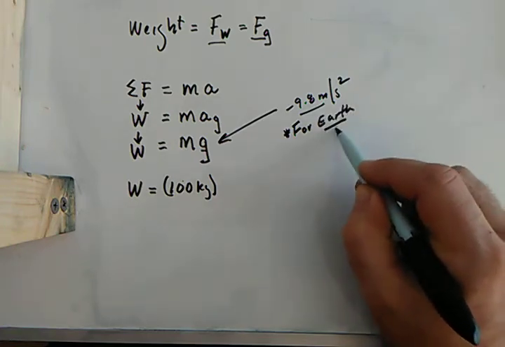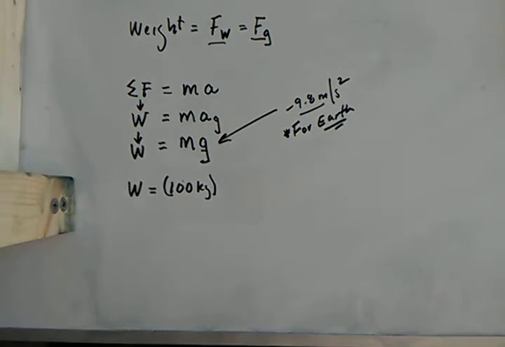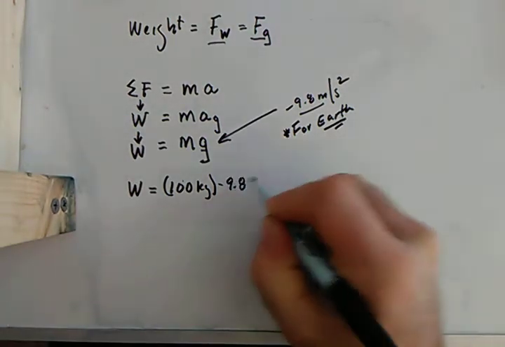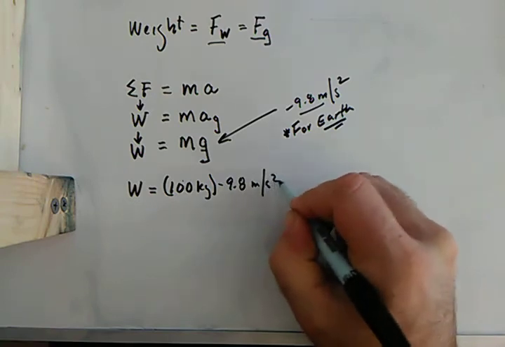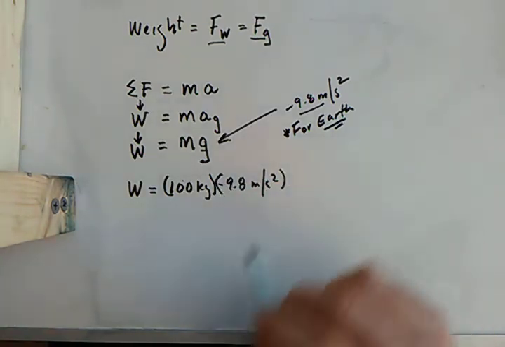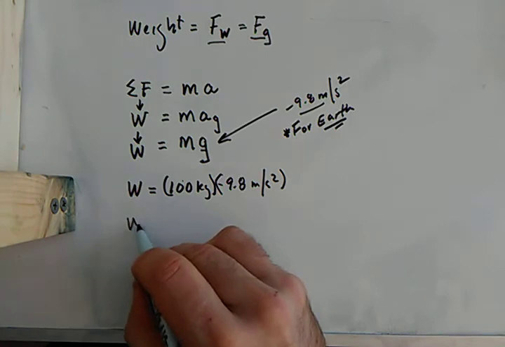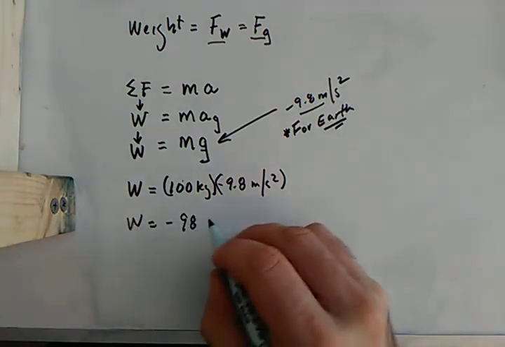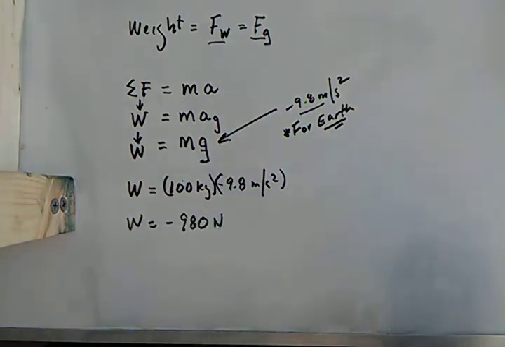Most of the problems we're going to work on, we're going to be on the Earth because that's where we live. So the weight of this 100 kilogram person is negative 980 newtons.